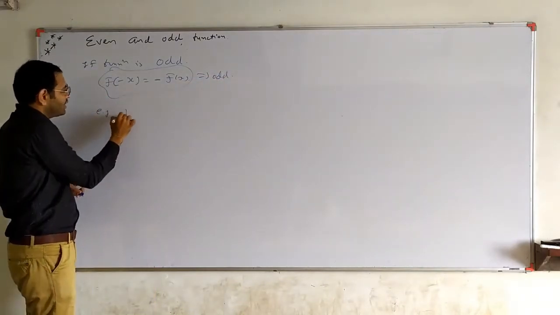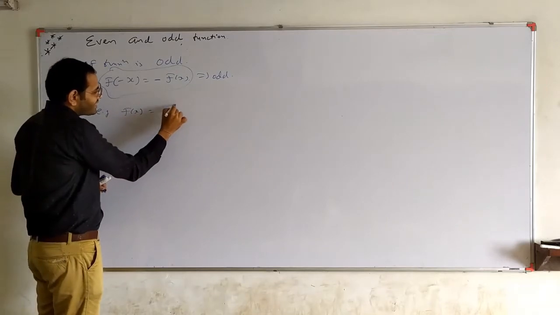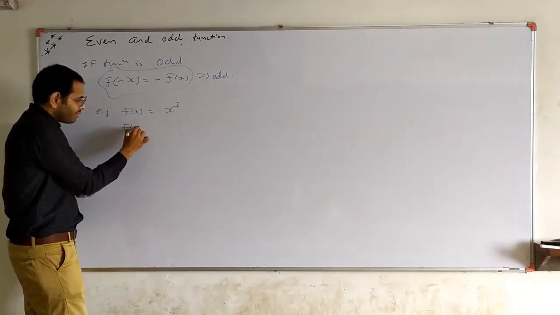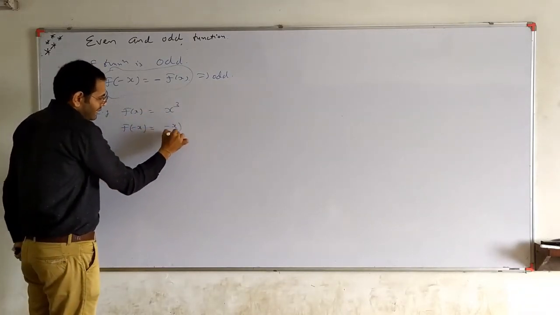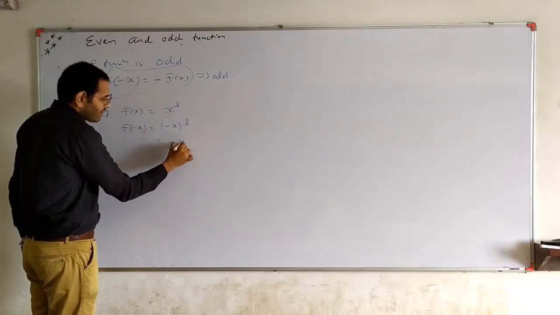For example, f of x equals x cube, then replace x with minus x, then minus x whole cube, then we get minus x cube.